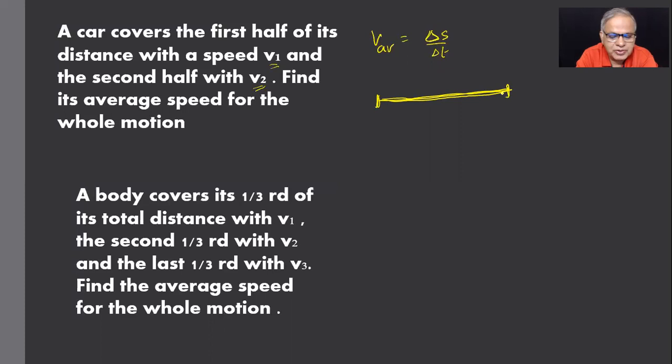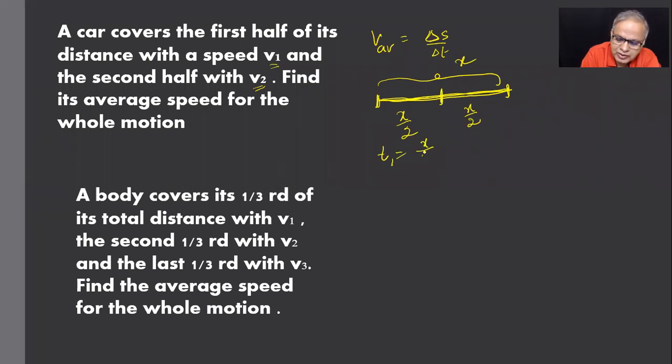a body covered some distance. It need not actually be a straight line because the distance can be anything. But what it says is half the distance. Since I don't know the distance, I'll think this is x. X by 2 are half distances each. So time for this, if I calculate, that will be T1 equals x by 2 by V1. Time T2 equals x by 2 by V2.